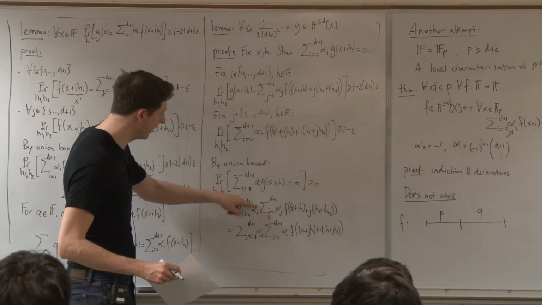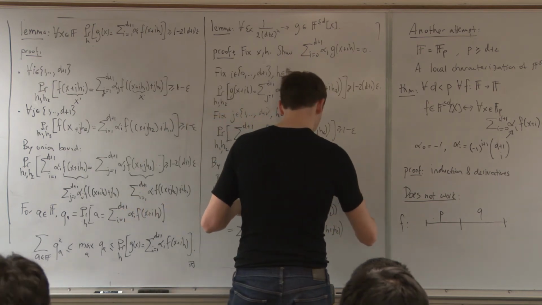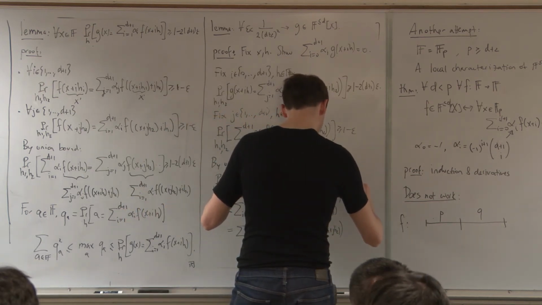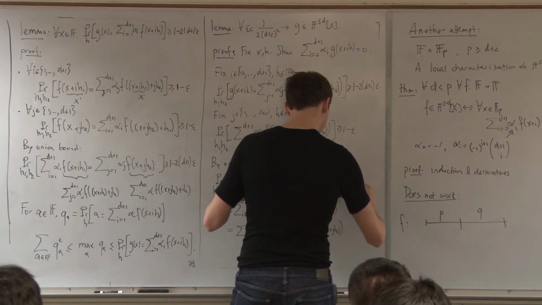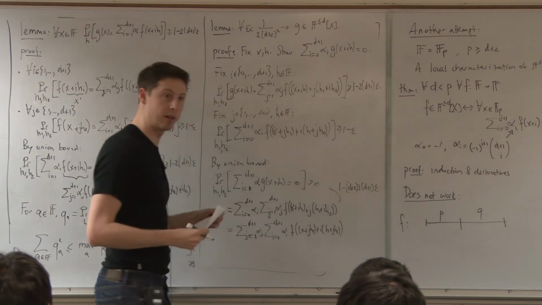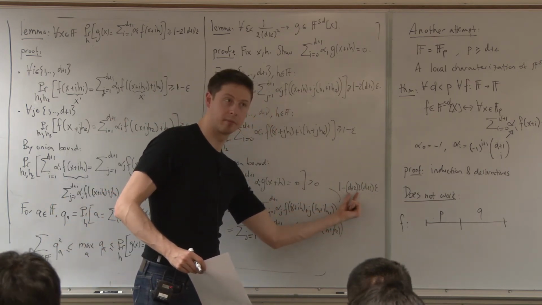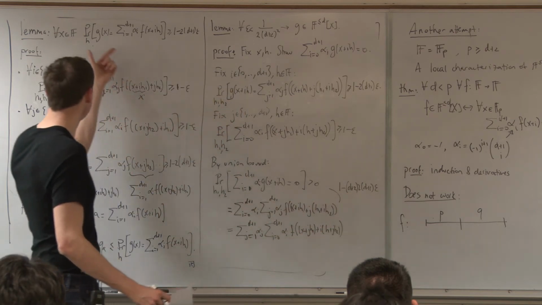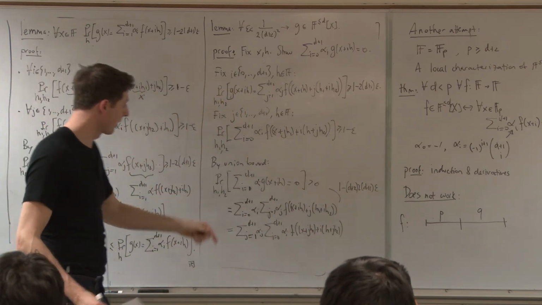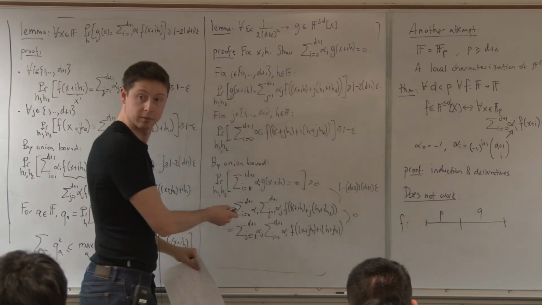So the cost that I'm paying here is 1 minus d plus 2 times d plus 1 times epsilon, because I'm invoking this lemma d plus 2 times. From here to here, I am paying 0 because I'm just reordering.